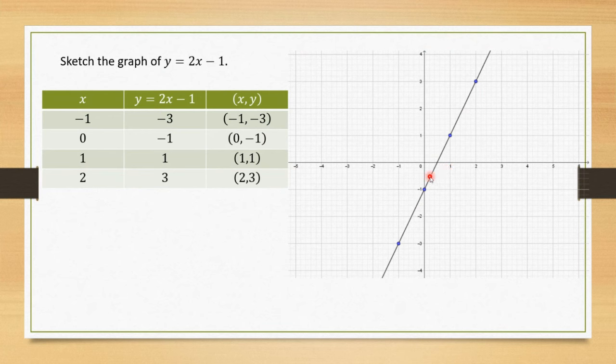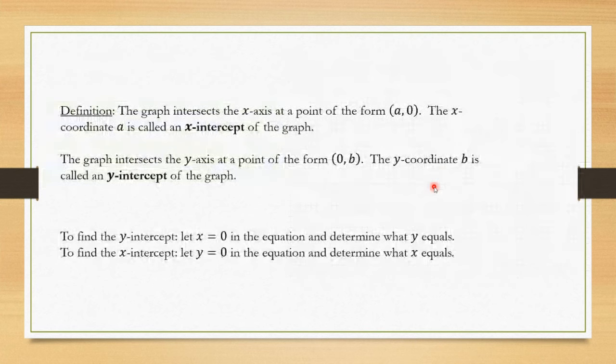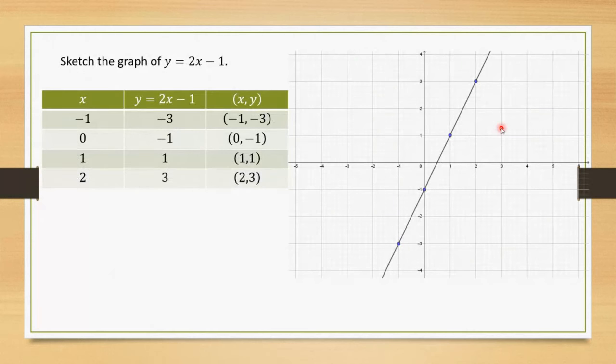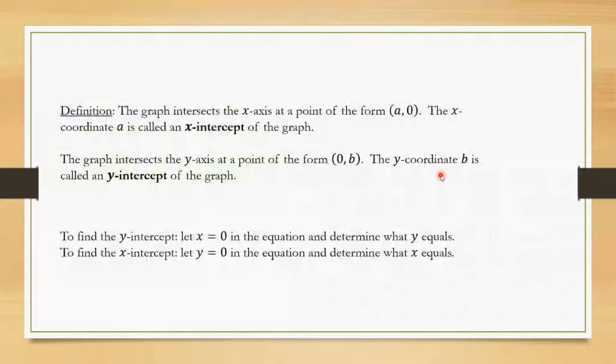But essentially, these two observations lead us to the next definition, x and y intercepts. So by definition, the graph will intersect the x-axis in a point of the form a, 0.